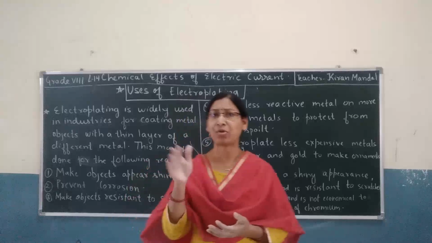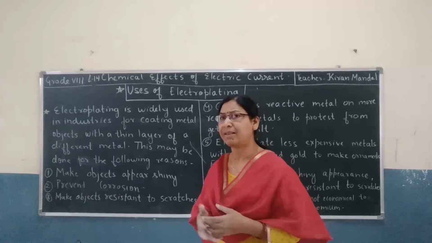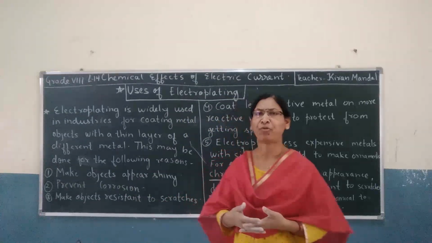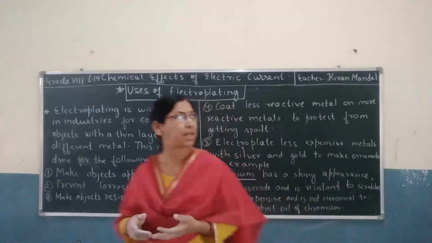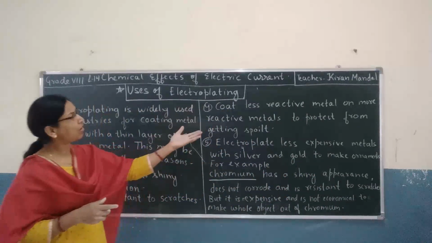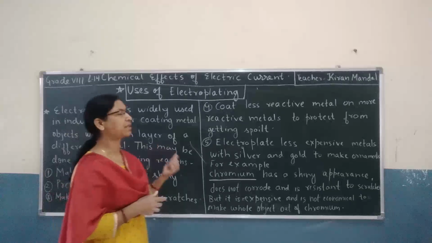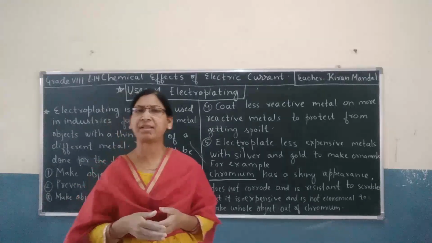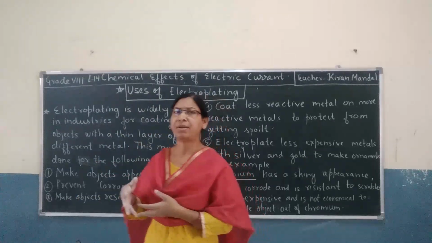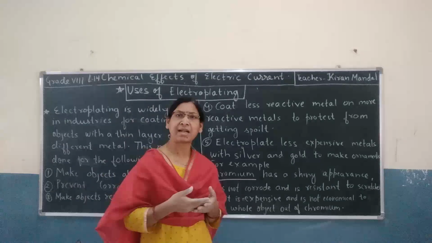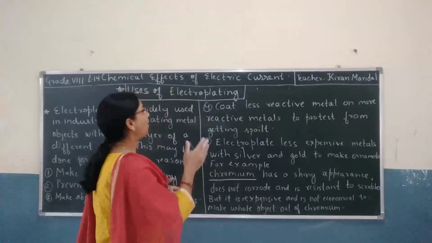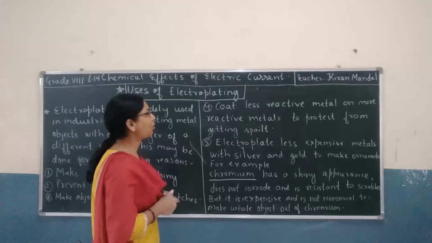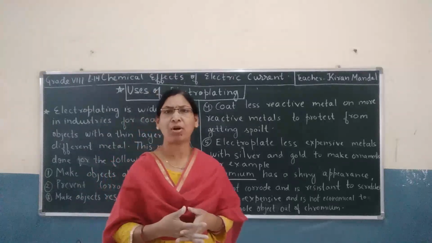So if we do one coating with other metal, then it can be scratch proof also. Next one is to coat less reactive metals on more reactive metals. We have already seen the reactivity series of metals. So which is less reactive, we can coat on more reactive metals to protect from getting spoiled.